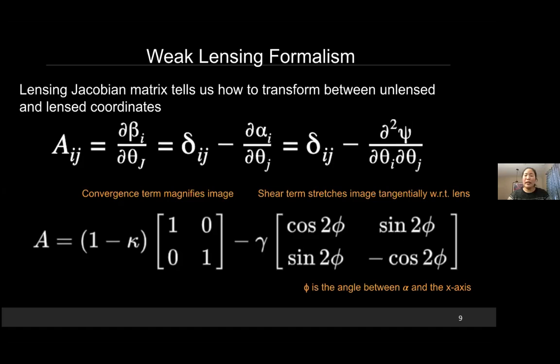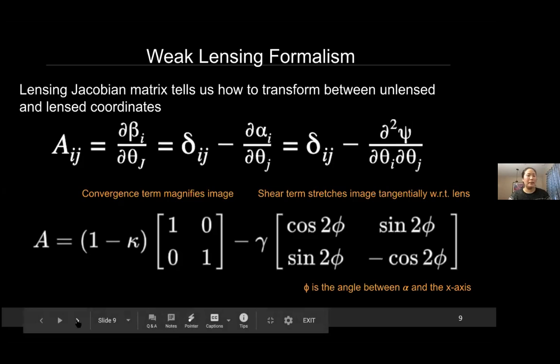Then there's a second term here with a gamma. We're going to use gamma a lot in here. That refers to the lensing shear. This term stretches the image tangentially with respect to the position of the lens. And in this matrix, this phi is the angle between alpha and the x-axis.